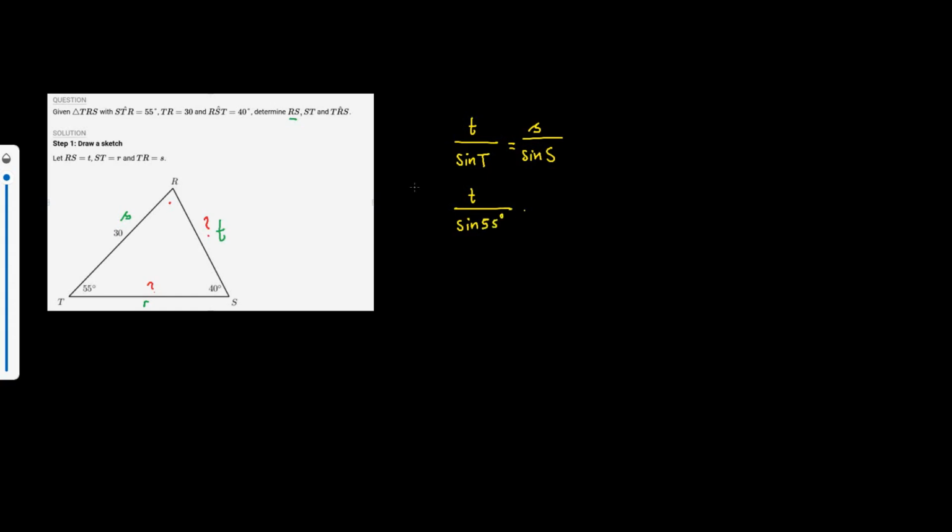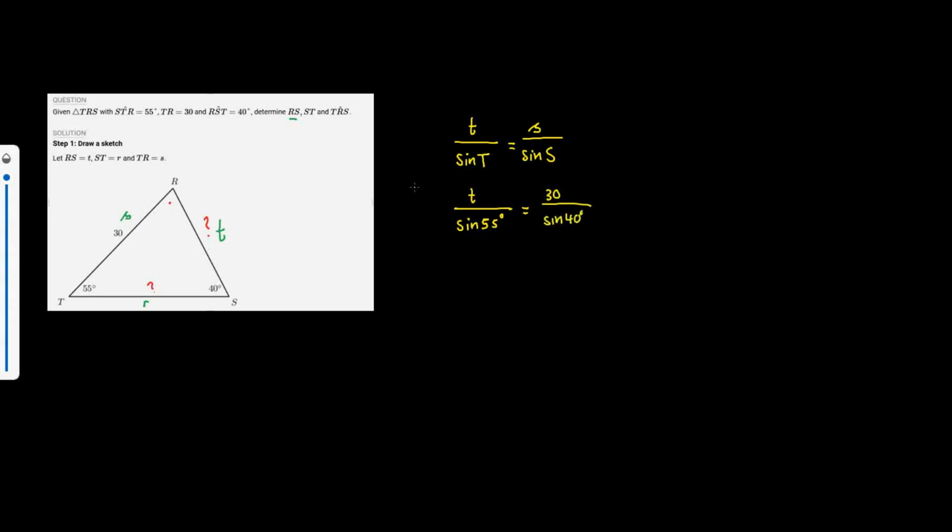Remember, whenever I mark learners' books and tests, I always notice you forget the degree sign. That is basically our unit of measuring the angle. We're using degrees, so it's very important that you include that symbol for degrees. That's equal to S, which is 30 units, over sine of 40 degrees.